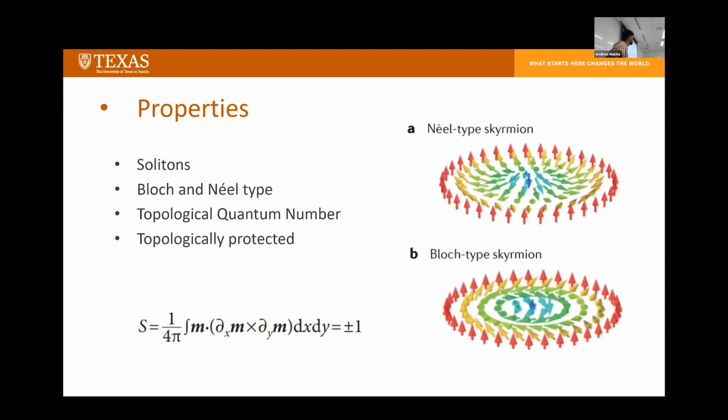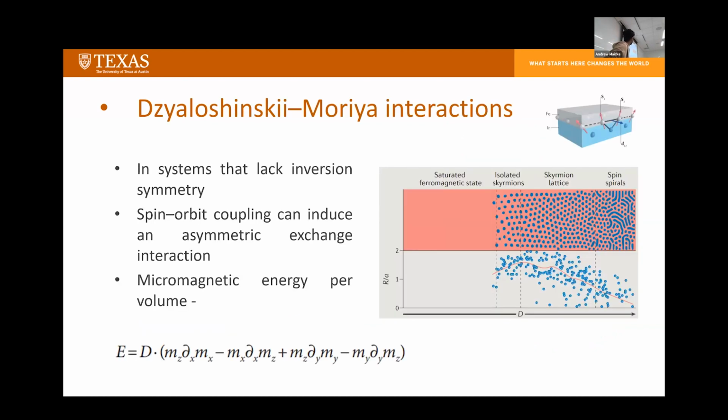In the exchange interactions that we studied in class, we had spins either parallel or anti-parallel to each other, but here you can see that that's not the case. And why they're stable even then is because of something called Dzyaloshinskii-Moriya interactions, or DMI for short. It's in systems with lack of inversion symmetry and spin orbit coupling.